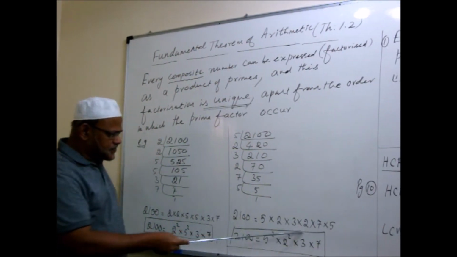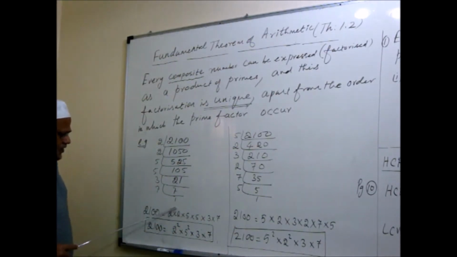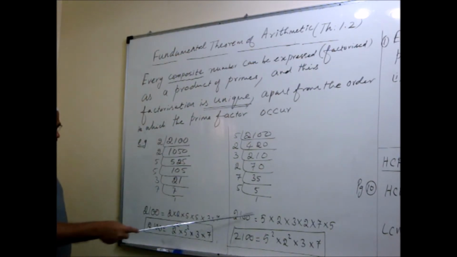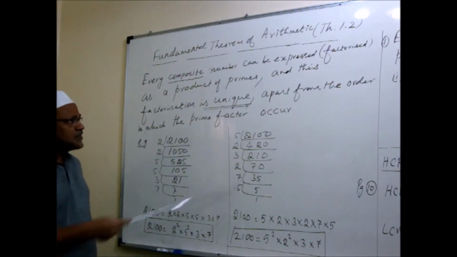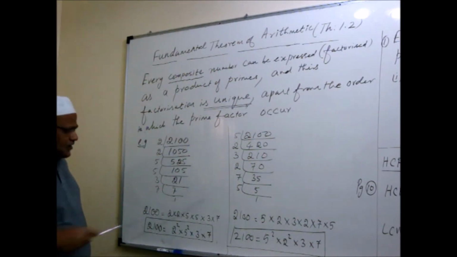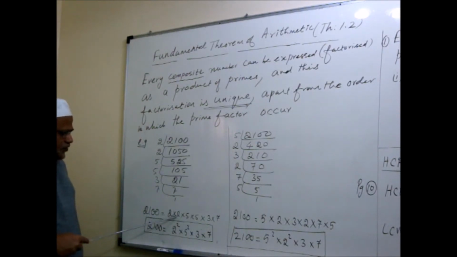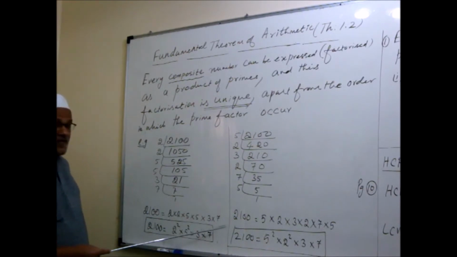See these prime factors here and see these. Is there any difference? All are the same, exactly the same factors, apart from the order in which the prime factors occur. Here 2 comes first, here 5 comes first. No matter. But exactly the same number of times all the factors occur.